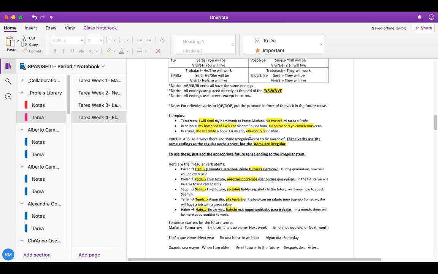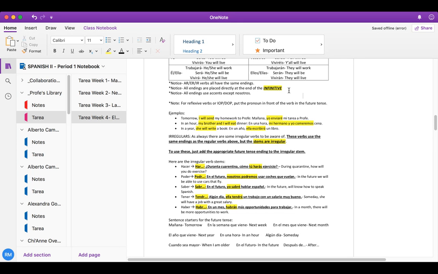If you have more questions, let me know. For reflexive verbs or IOPs, DOPs, put the pronoun in front of the verb in the future tense. So, for example, if I wanted to say, I will tell him, you will say, le diré. No, that's not a good one because that is irregular.